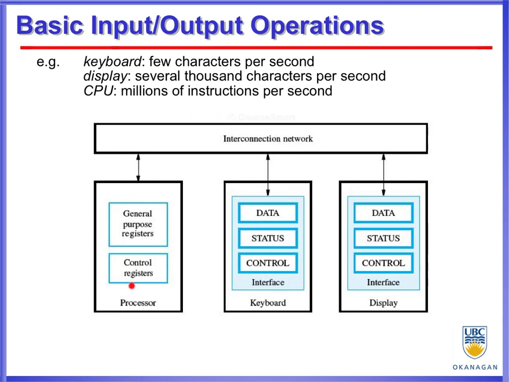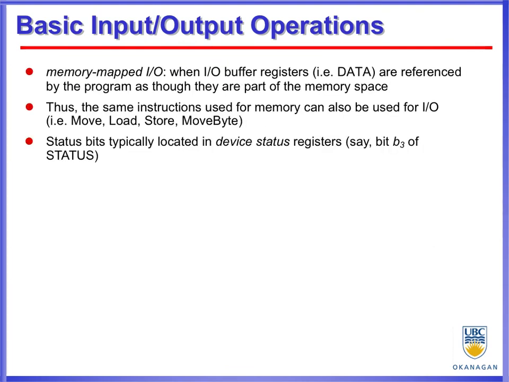And when the processor sees that bit's set, it says, well, I'm going to read the new character out of the data register and bring it back into the CPU. The keyboard just knows it's a memory location out there somewhere that it can access. We call that a memory mapped register.